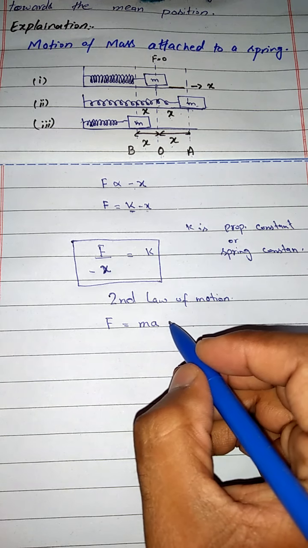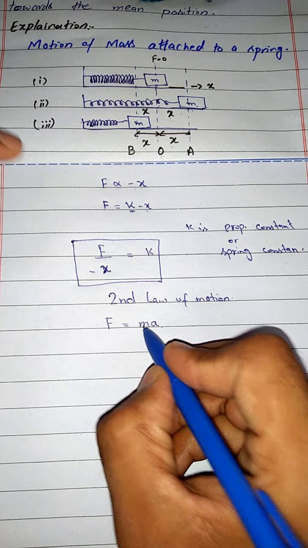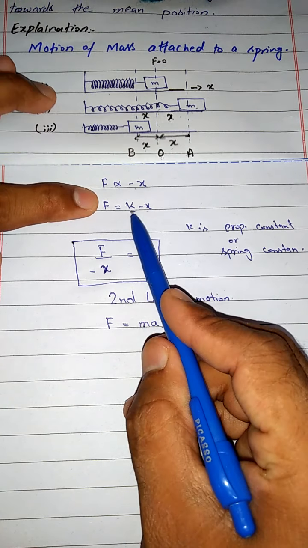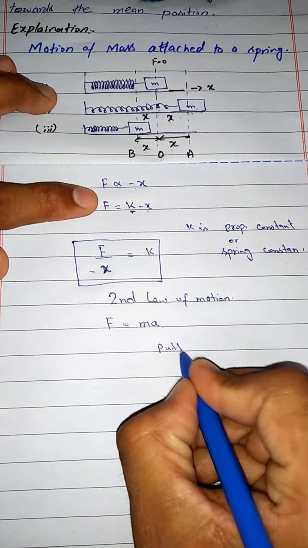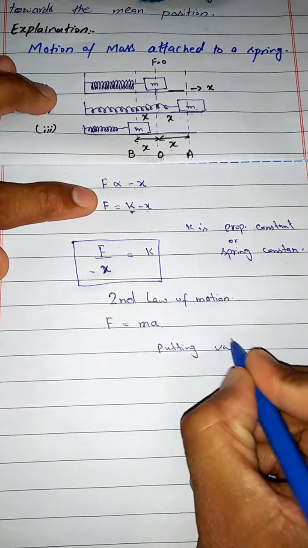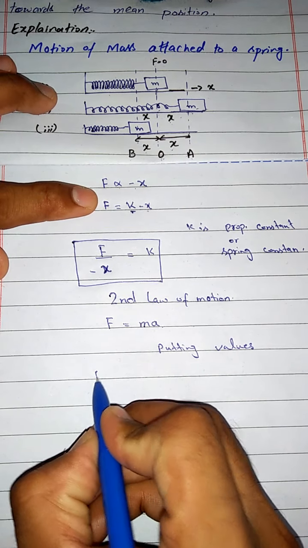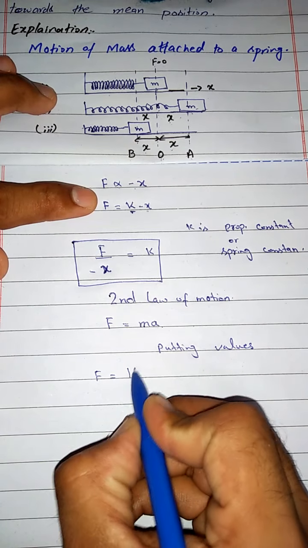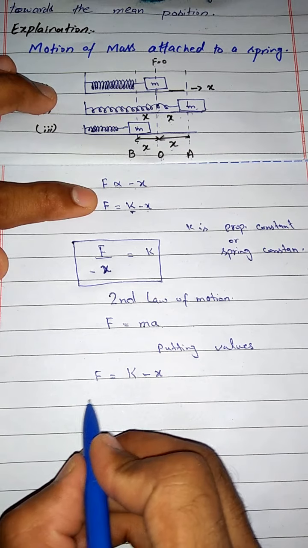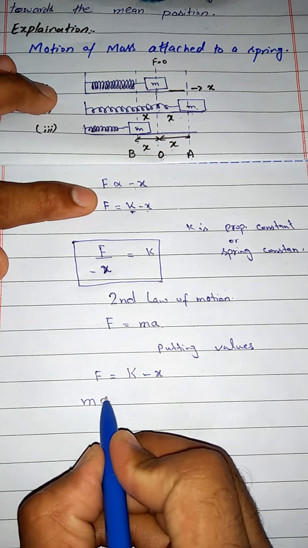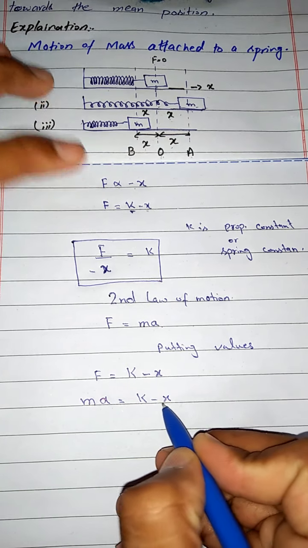Here we have to put the value of this F into the relation that we found in the first one. By putting values, we know that F is equal to minus k x. Here the F value is mass into acceleration, and here minus k x.